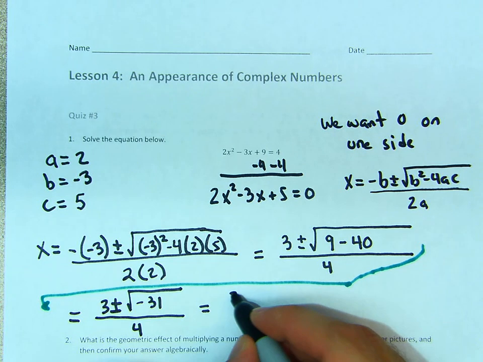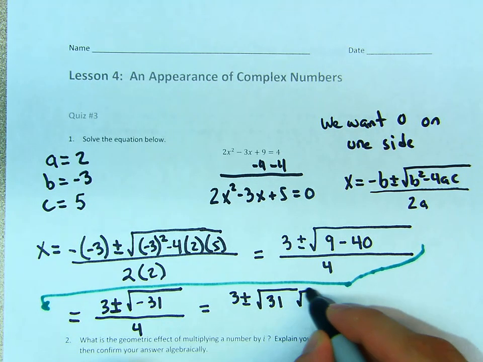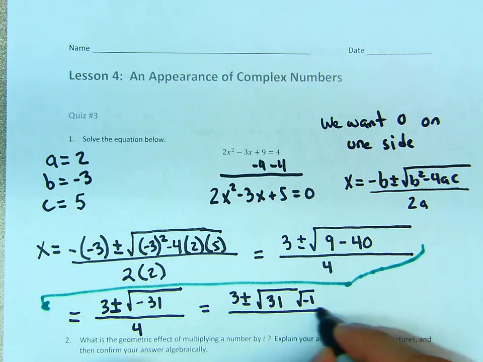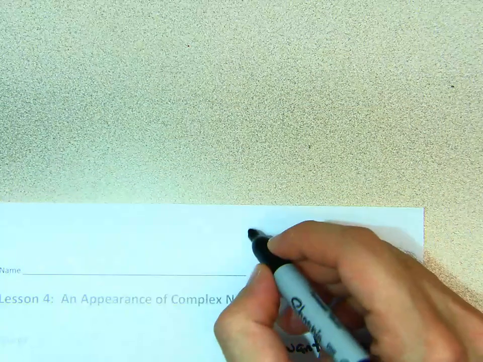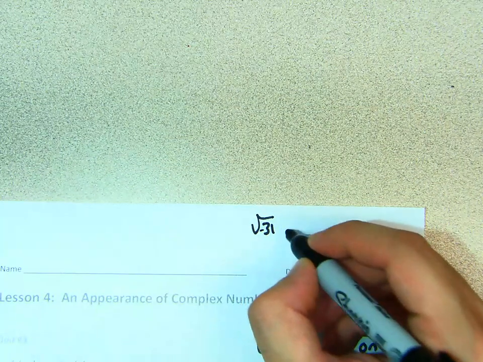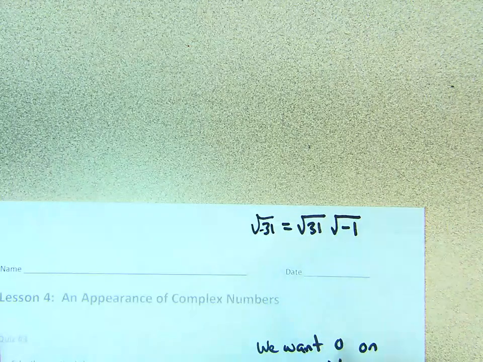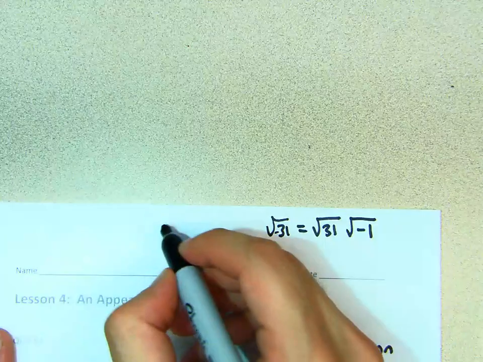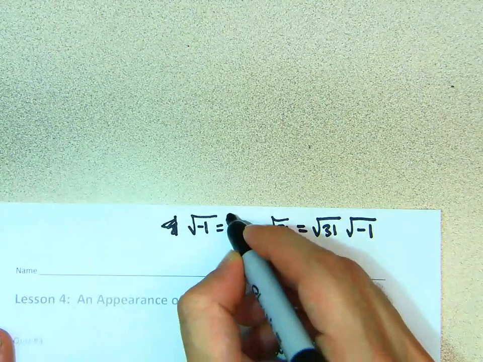So we then say this is 3 plus or minus square root of 31 times square root of negative 1 over 4. Right? We're taking out this negative 1. Like if I have square root of negative 31, that's equal to the square root of 31 times the square root of negative 1. But the square root of negative 1, that's equal to i.